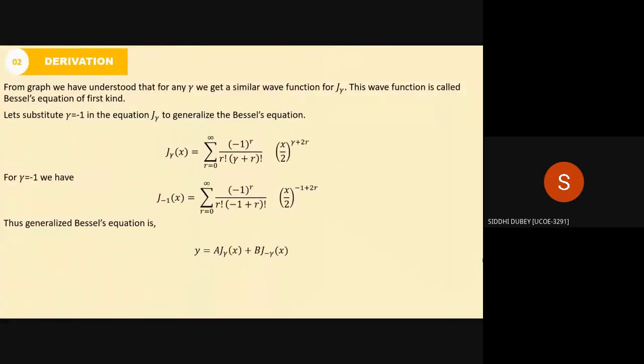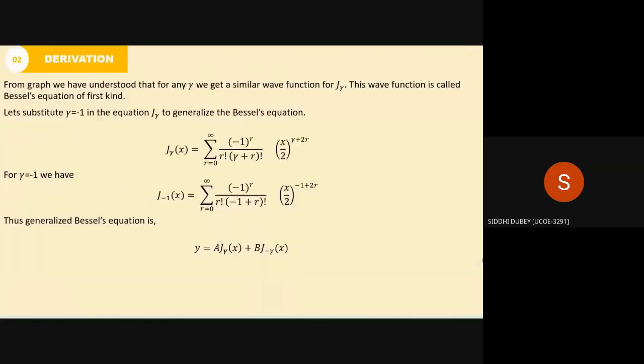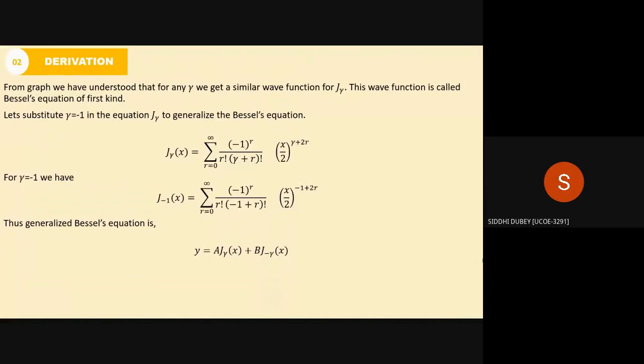From the above graph, we have understood that for any value of lambda, we get a similar wave function for j lambda. This wave function is also called Bessel's function of first kind. By substituting lambda equal to minus 1 in the equation of j lambda to generalize the Bessel's function, we get the following equation: summation of r equal to 0 till infinite, minus 1 raised to r upon r factorial into (lambda plus r) factorial into (x by 2) raised to lambda plus 2r.